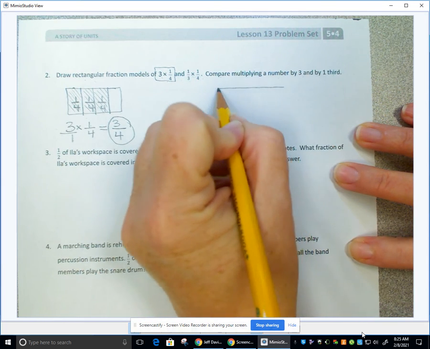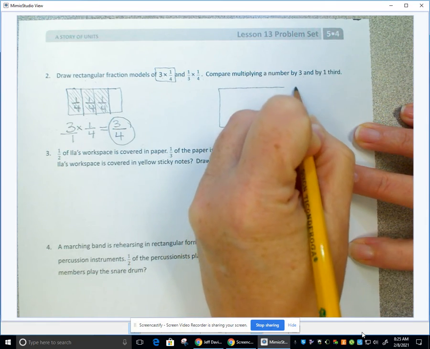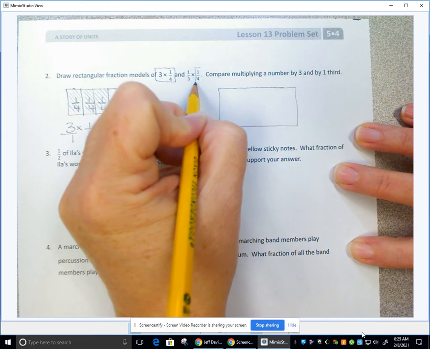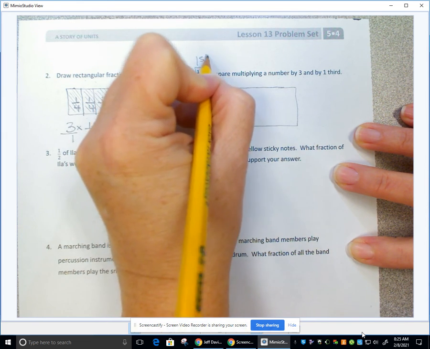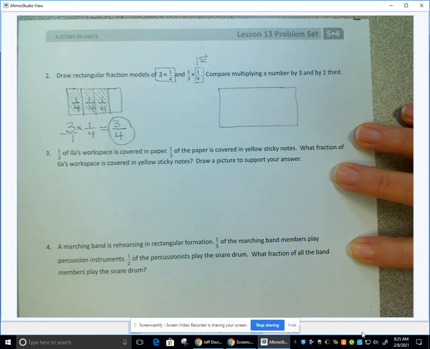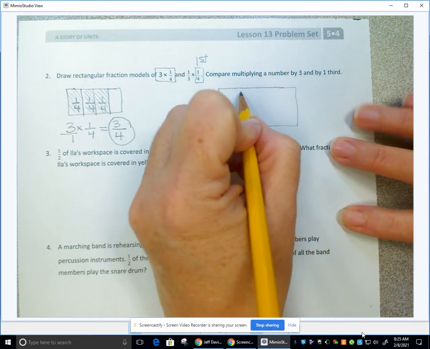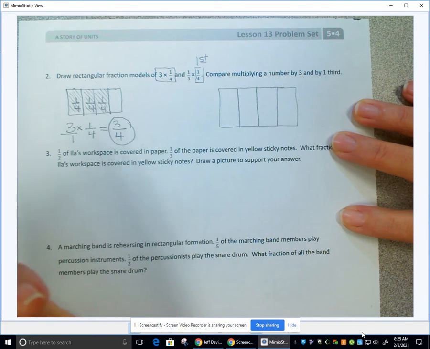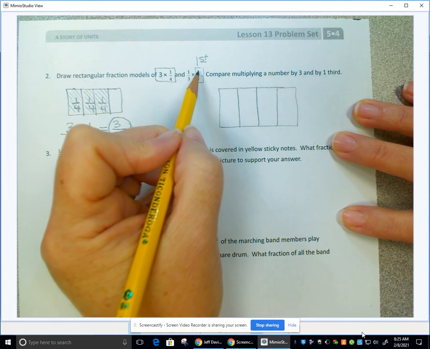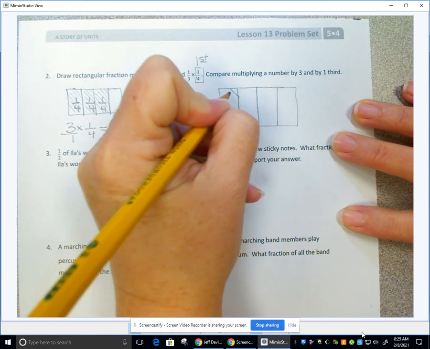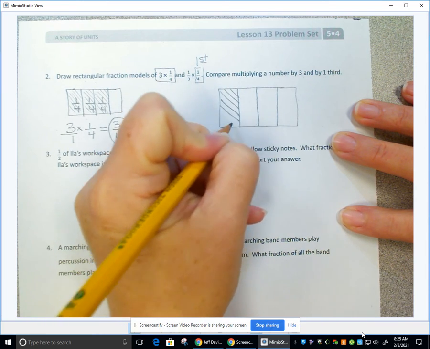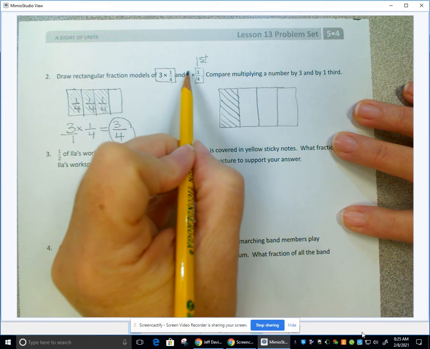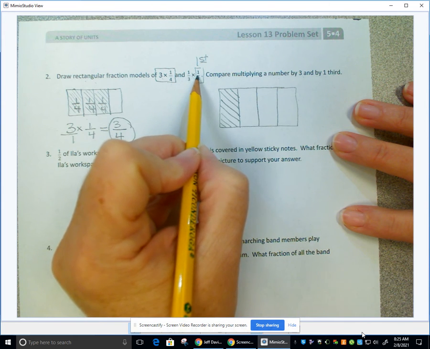So I'm going to draw my rectangular model again. If I want 1/3 of 1/4, that means 1/4 was there first. That's what I have. So I want to do fourths. And I want 1 out of the 4 shaded. Right? And now I want 1/3 of the 1/4.